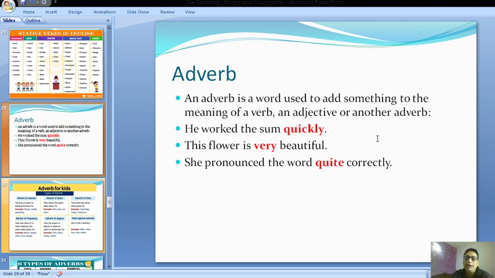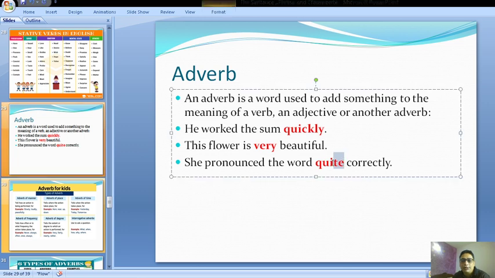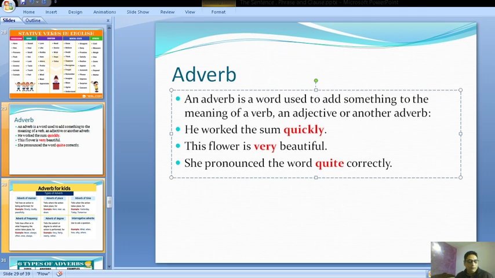Quite is telling more about correctly, which is an adverb. This is an adjective, telling about it more is very. And then some quickly. He worked is a verb, describing it quickly. So now we have done adverb. We will be stopping here, right?